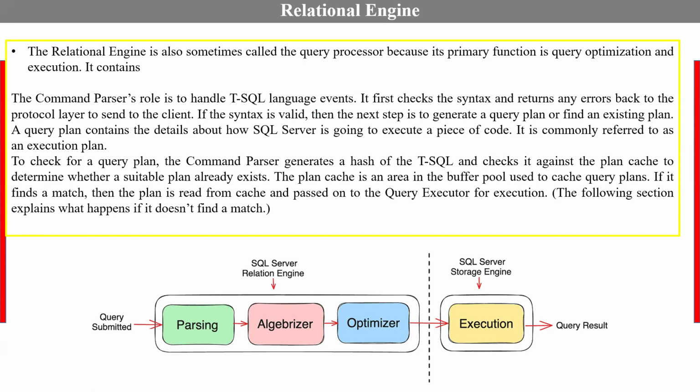Once the syntax check is done, the command parser checks whether a plan is available or not. If a plan is available for your query, it will use the same plan. If a plan is not available, the command parser starts preparing the query tree.